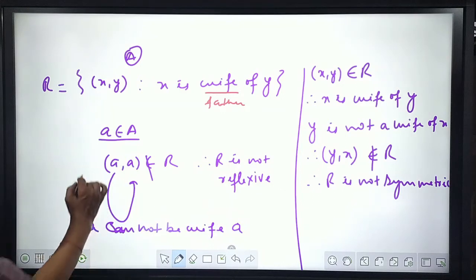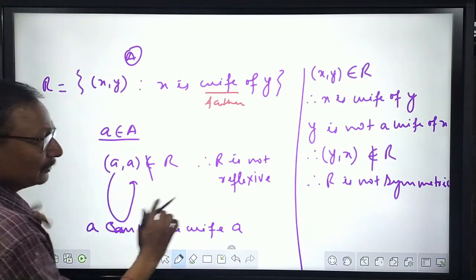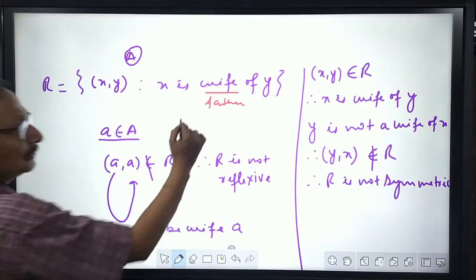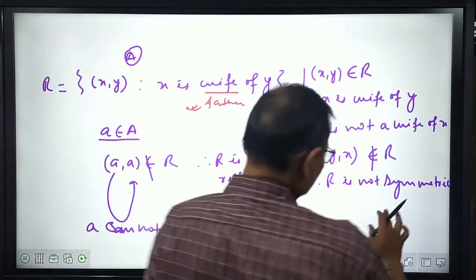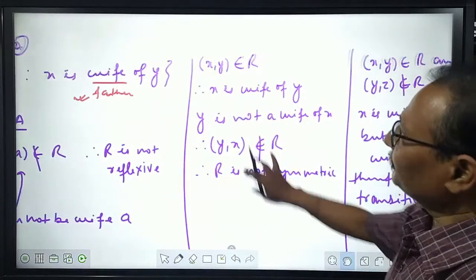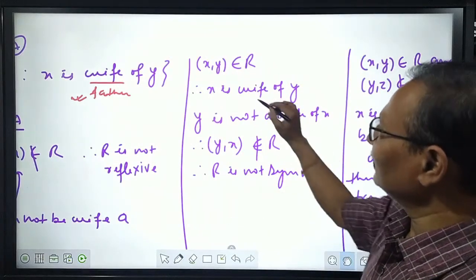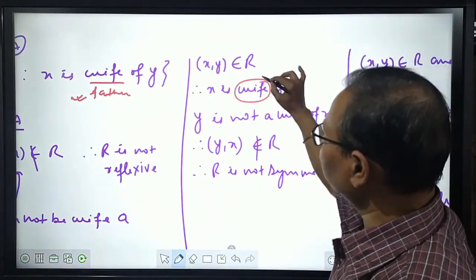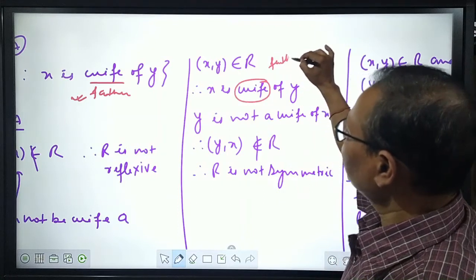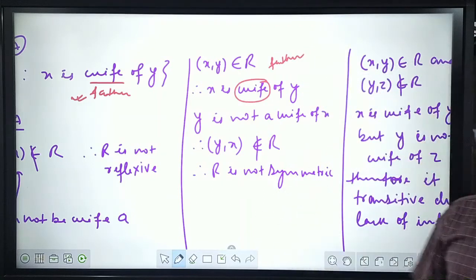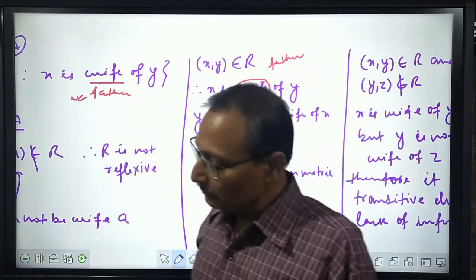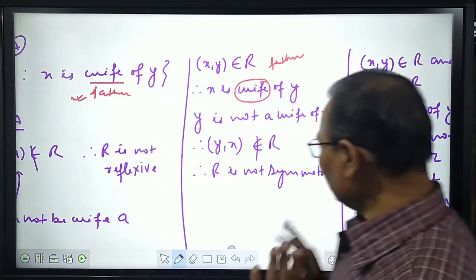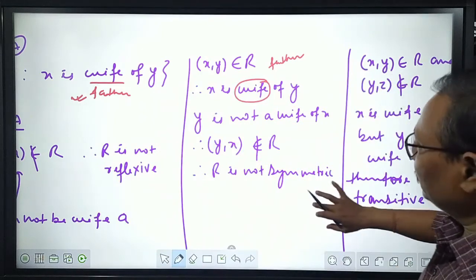So A comma A will not be a member of R, so R will not be reflexive in this case also. Again, think about the situation of symmetricity. If x comma y belongs to R, then in place of wife, we will write father. So x is father of y, then y cannot be father of x. So it is again not symmetric.